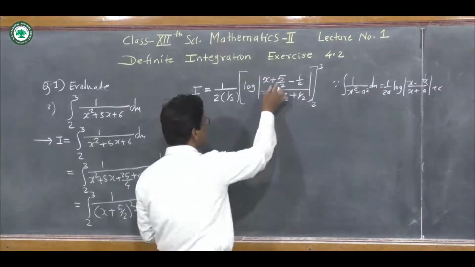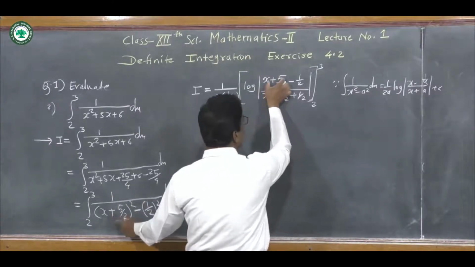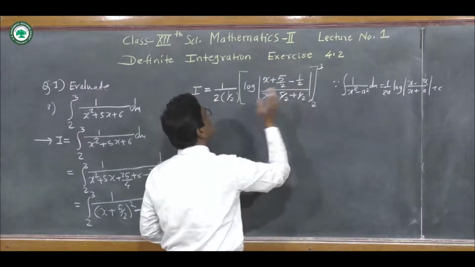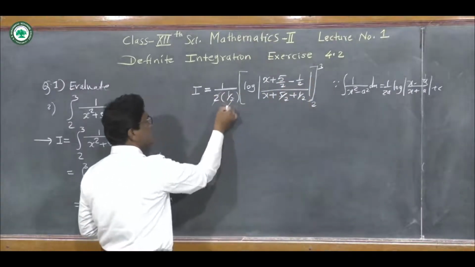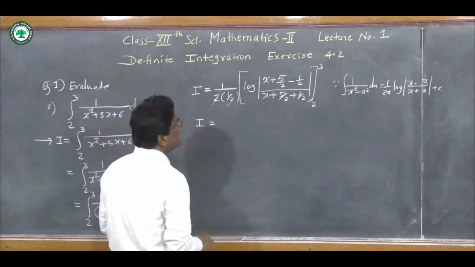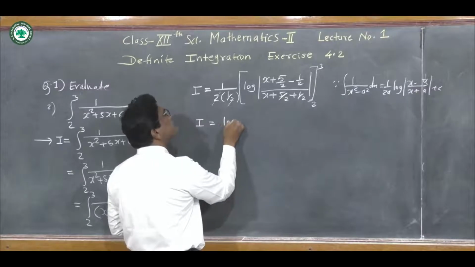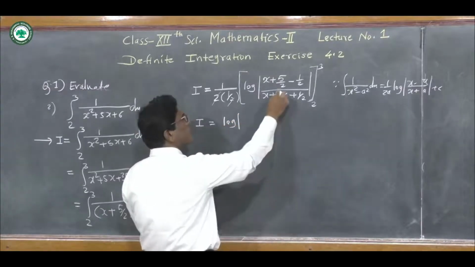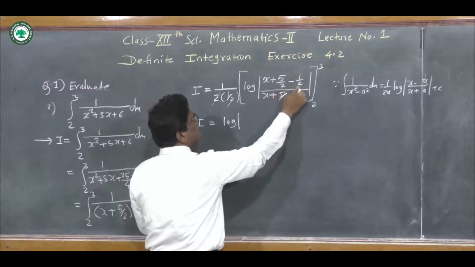And so here x is x plus 5 by 2 and a is here 1/2. So x minus a upon x plus a. This 2 and 2 get cancelled. So we get I is equal to 1 into this. So log of, we multiply by, here 5 by 2 minus 1/2.